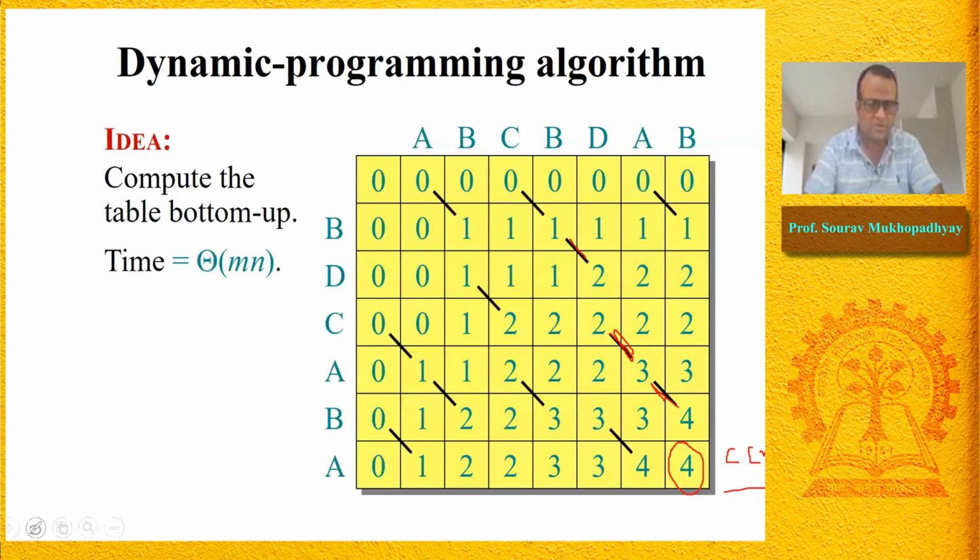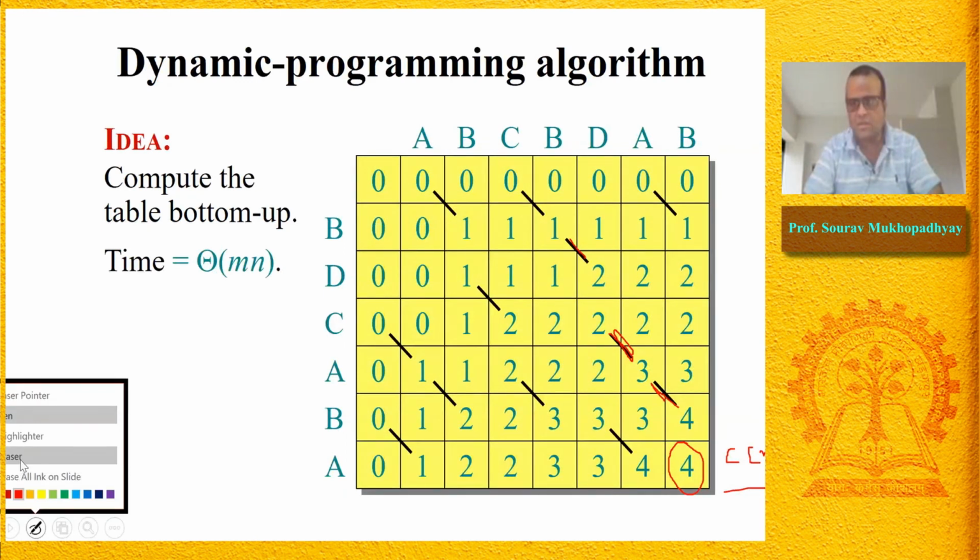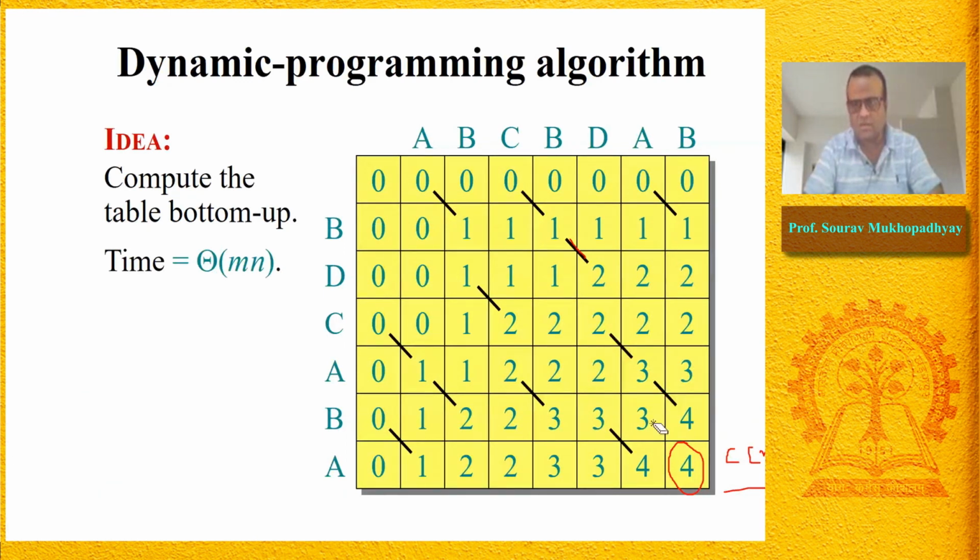Let me just repeat it. Okay, so we can follow this. If we take this path, A is common. Anyway, this is A.